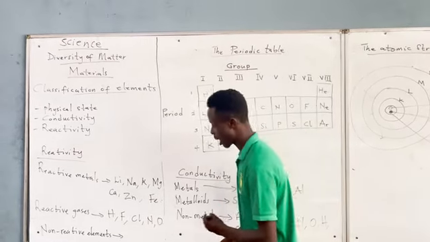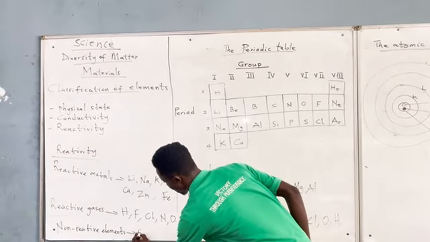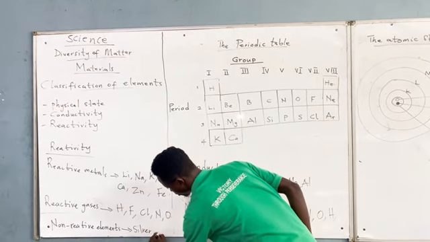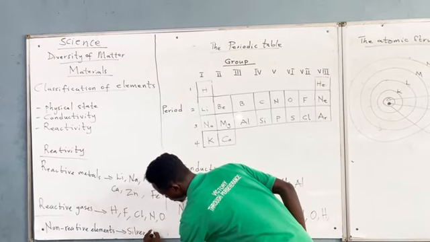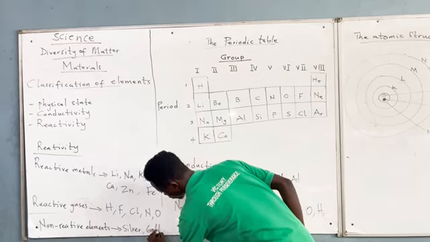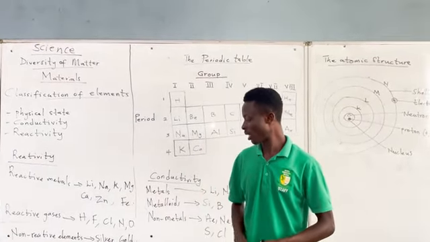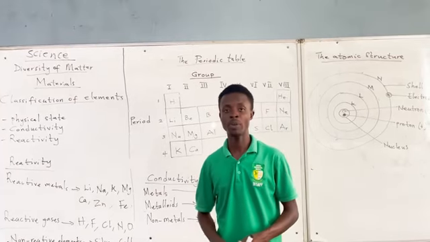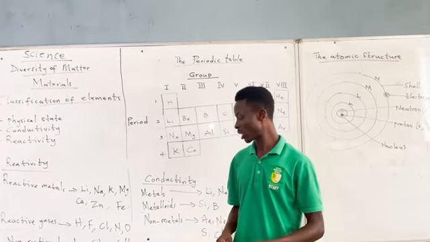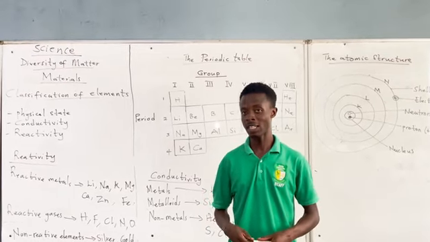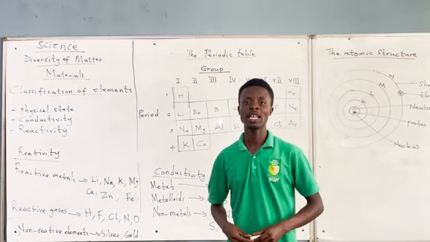For example, we have silver and gold. These metals are normally called precious metals because they are non-reactive, so they are used to make jewelries and other things.